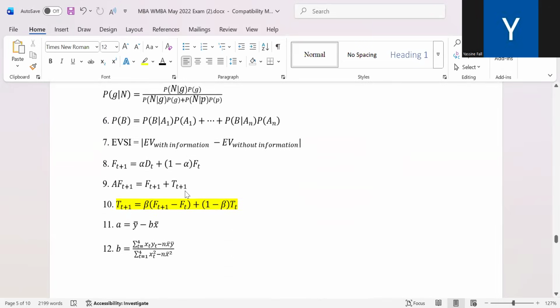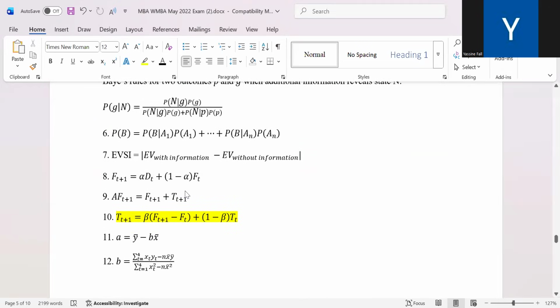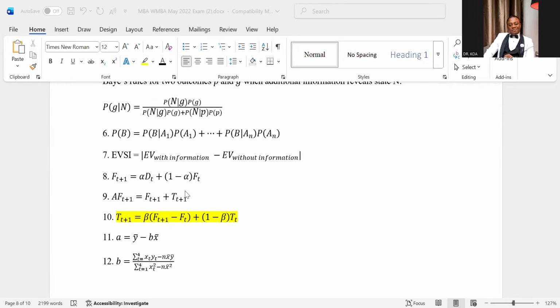Yeah. Indeed, you are supposed to be giving that. So it's a sum of what? Demand divided by the sample size, isn't it? Demand minus the forecast.